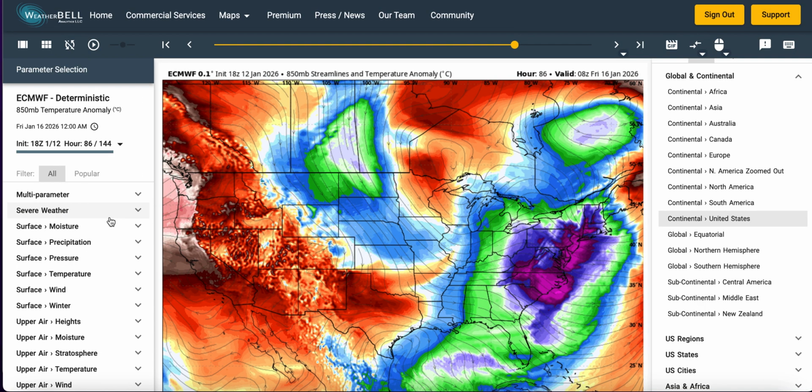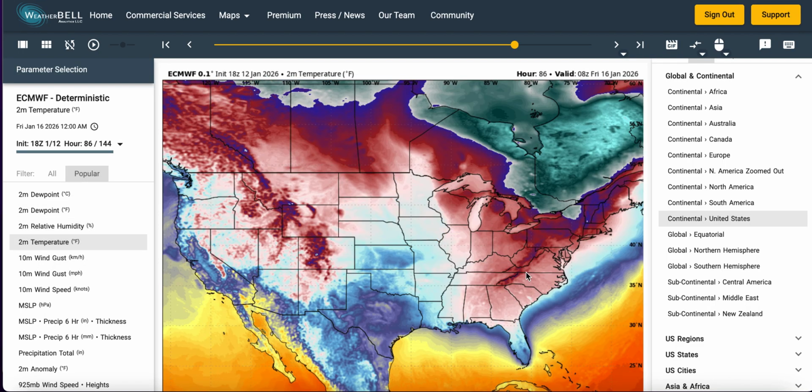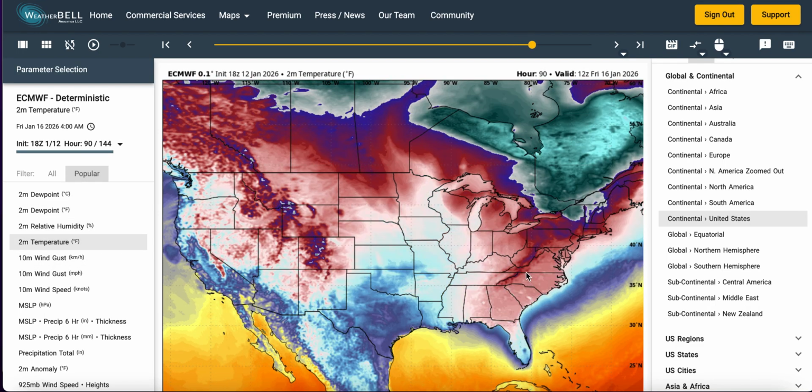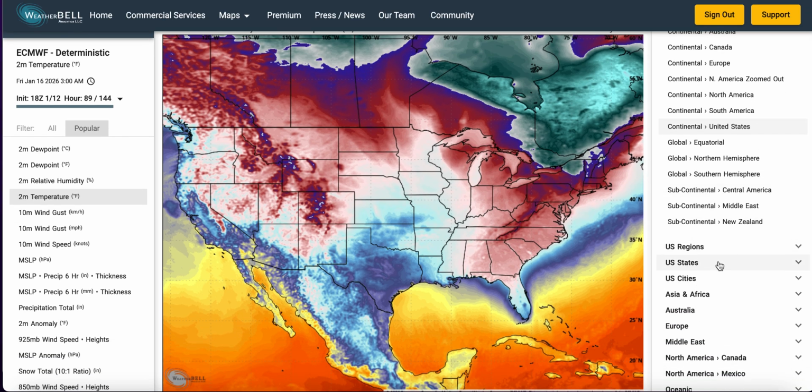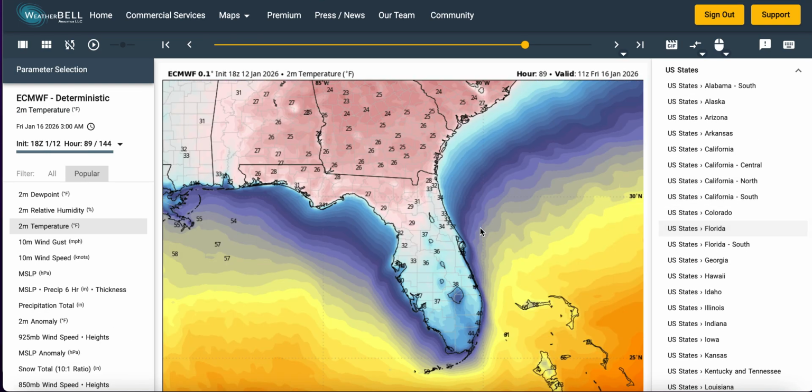Let's take a look at projected temperatures. So Friday morning, I'm gonna zoom into, say, Florida. Yeah, you got potentially low 40s all the way down to Miami.